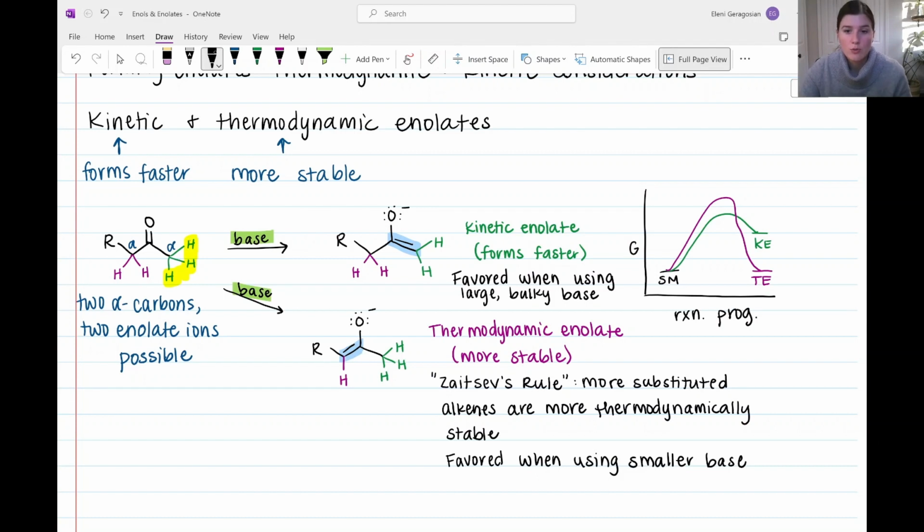So you can control which enolate is formed based on which base is used for the formation of the enolate.